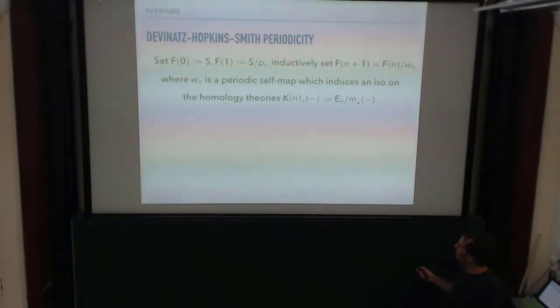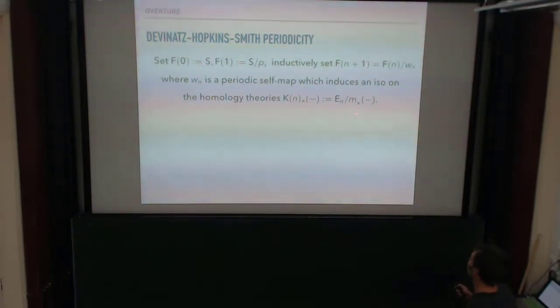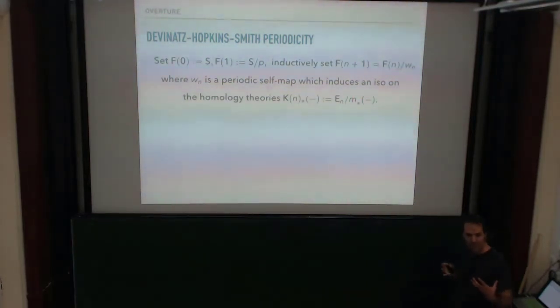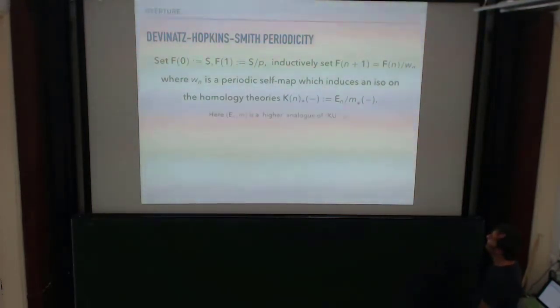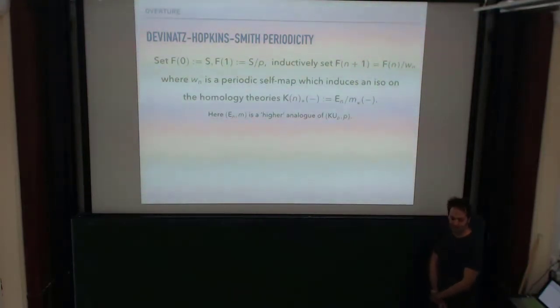These are called Morava K-theories. And they can again be constructed by taking some homology theory En and quotienting out by some maximal ideal. These En play a real central role in chromatic homotopy theory. They have all the structure you want, and you want to reduce problems to understanding them with En. So we can think about these En with their maximal ideals as some sort of higher analog of topological K-theory.